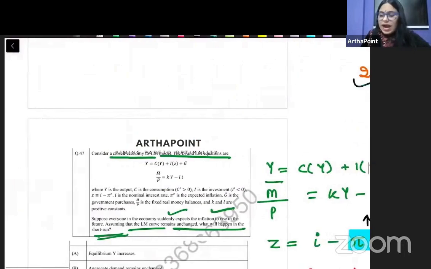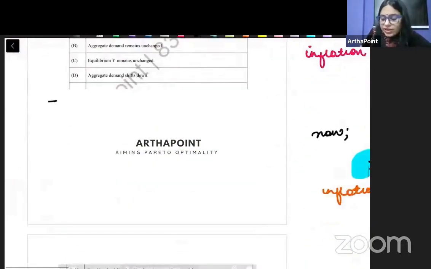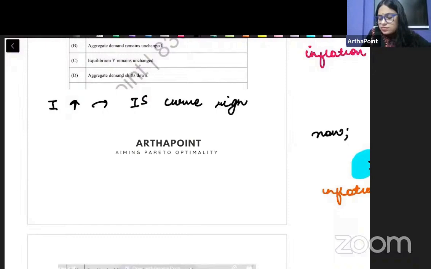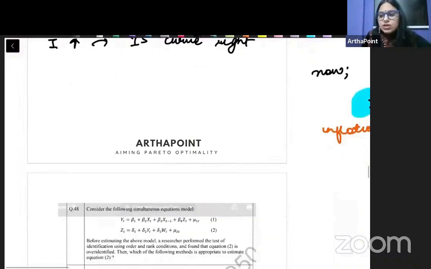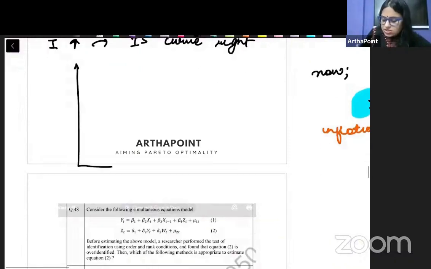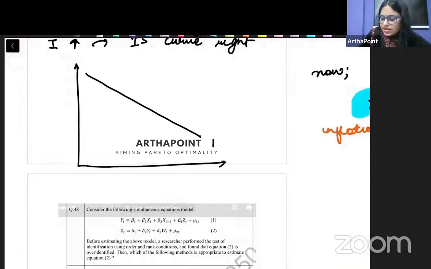Now, आगे देखो. When your investment increases, your IS curve will shift to the right. So this is your IS. LM. ये आपका भी इक्विलिब्रियम है इकोनॉमी में.